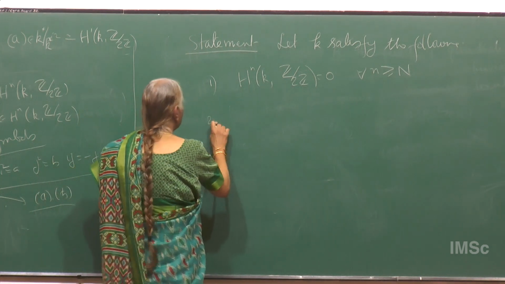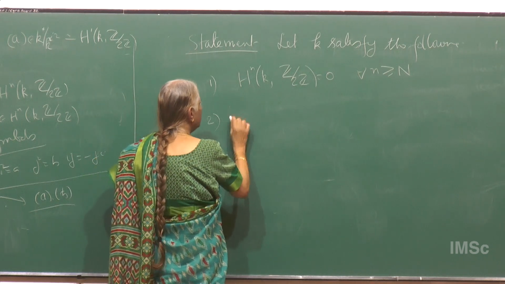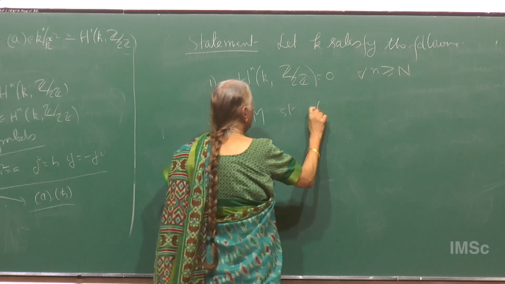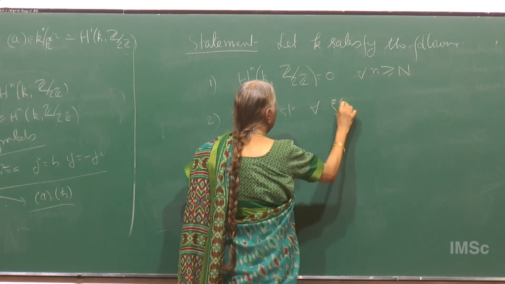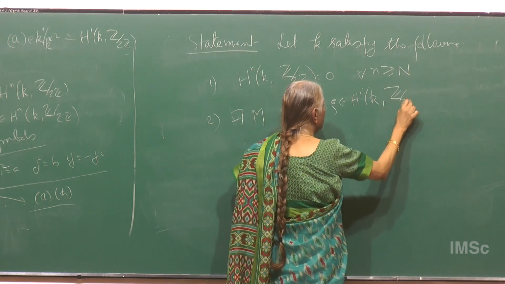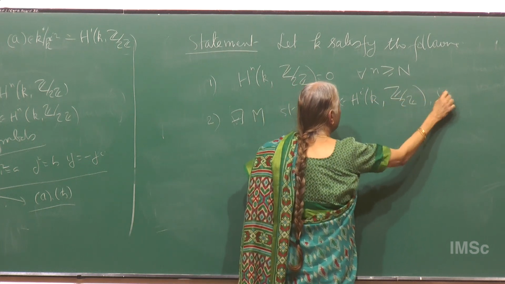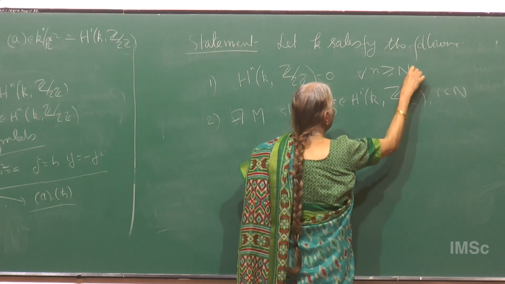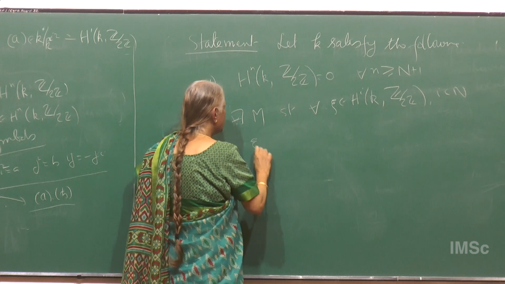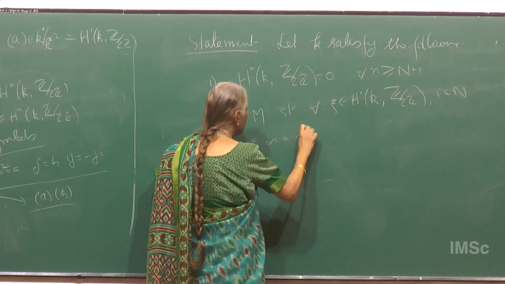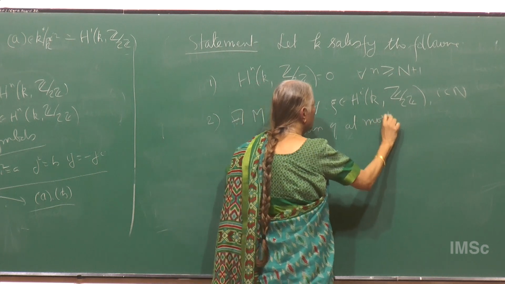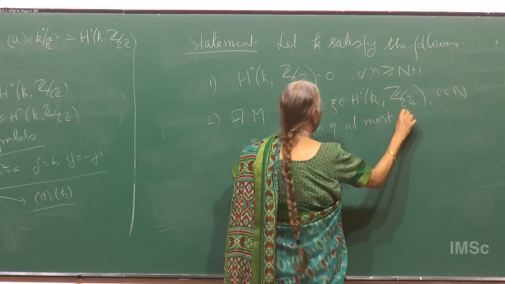And secondly, there exists a big integer m such that for every psi in any of these non-vanishing H^i(K, Z/2Z), i less than or equal to n, say n plus 1, up to n you have non-vanishing classes, psi is a sum of at most m symbols.